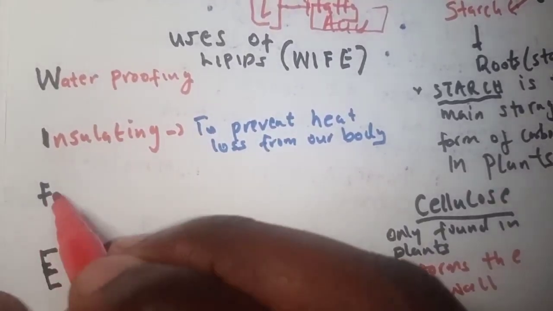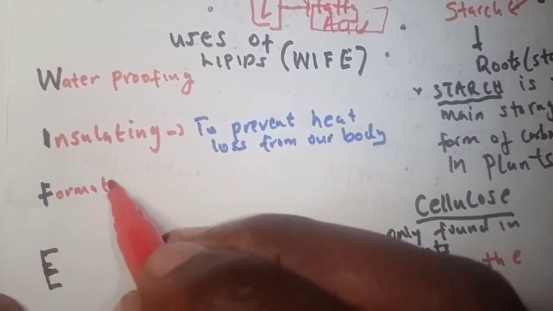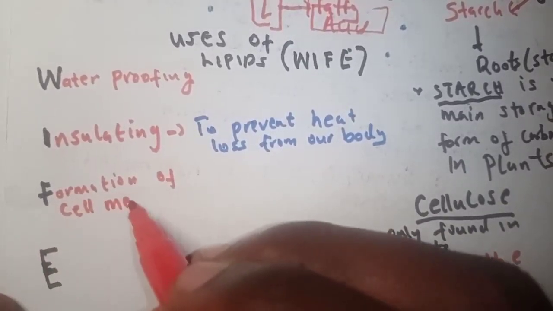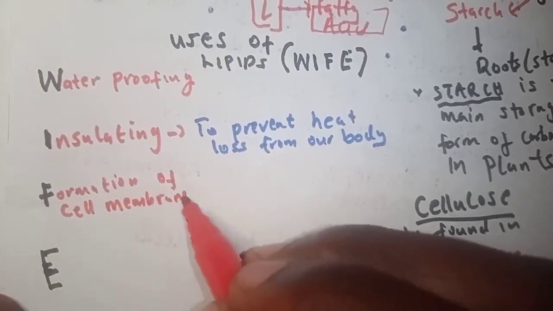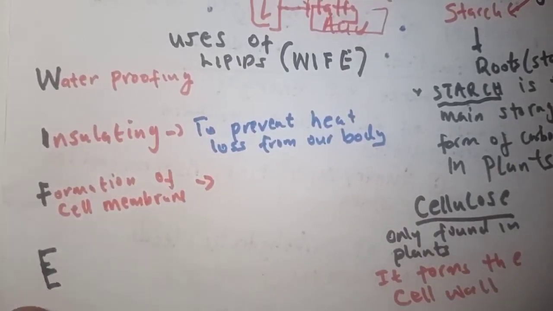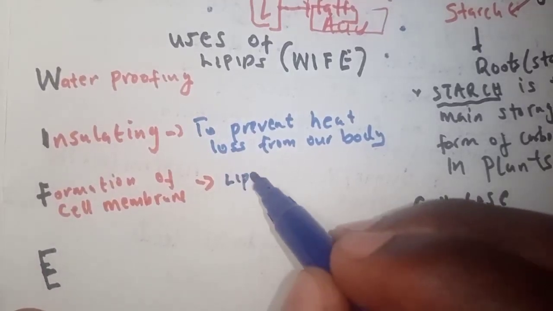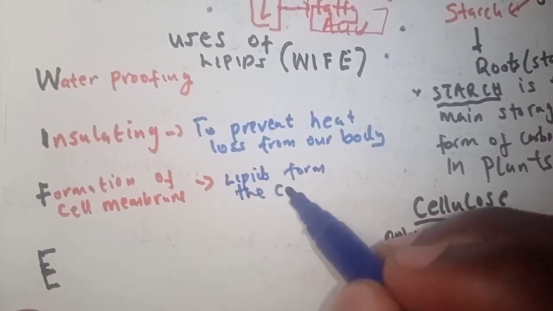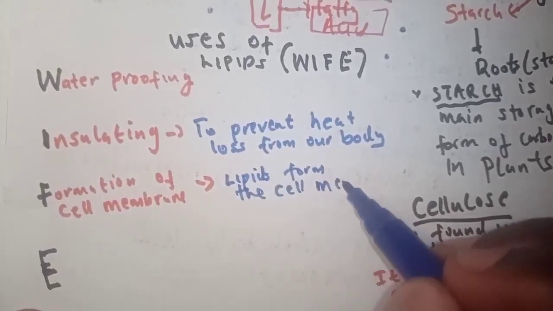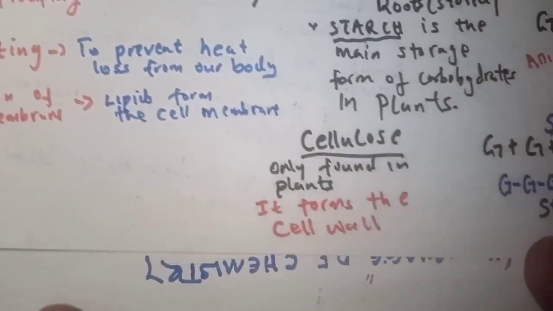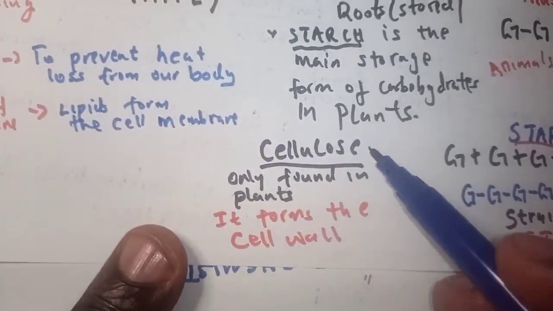Then this one simply means formation of cell membrane. So that cell membrane we learned in cells, part of it is formed of fats and oils. So lipids form the cell membrane, but the cell wall is formed by cellulose.